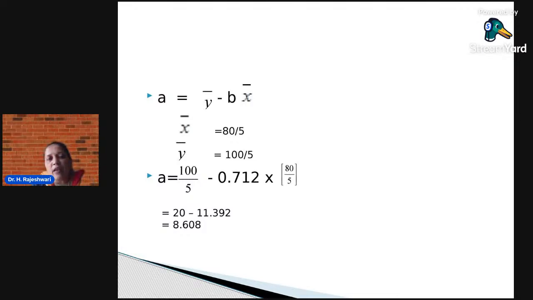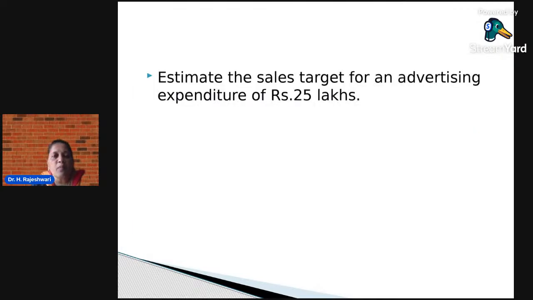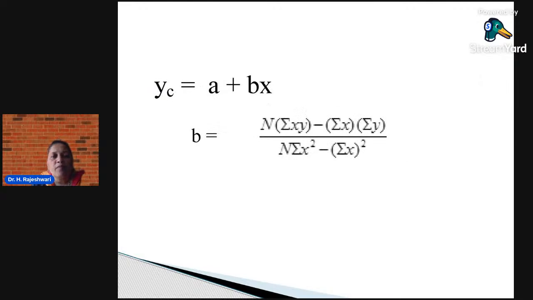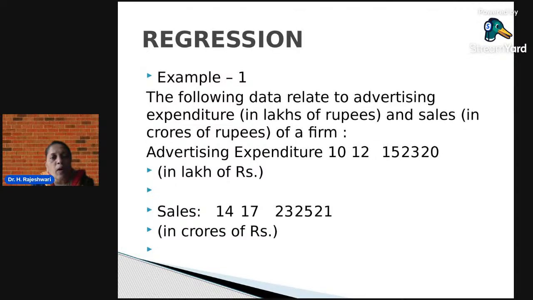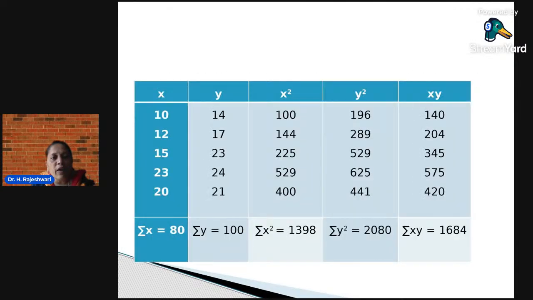To find out the a value, the formula is a equal to y bar minus b x bar. That means the formula we used here, y equal to a plus bx. We know sigma x, so find the average, 80 by 5.